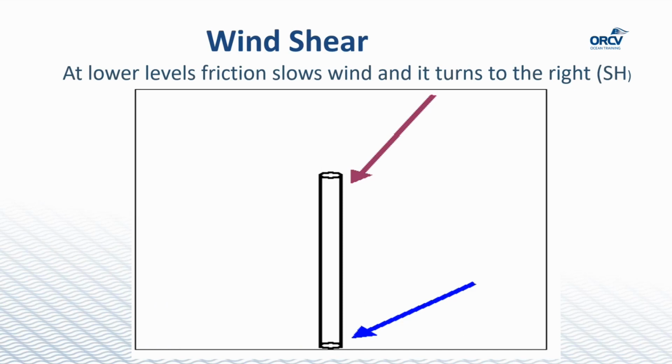So let's have a look at your boat, and looking at the mast, at the top of the mast, the wind speed and direction is going to be different to what it is at your eye level. And this effect becomes more and more prominent as the wind gets lighter.